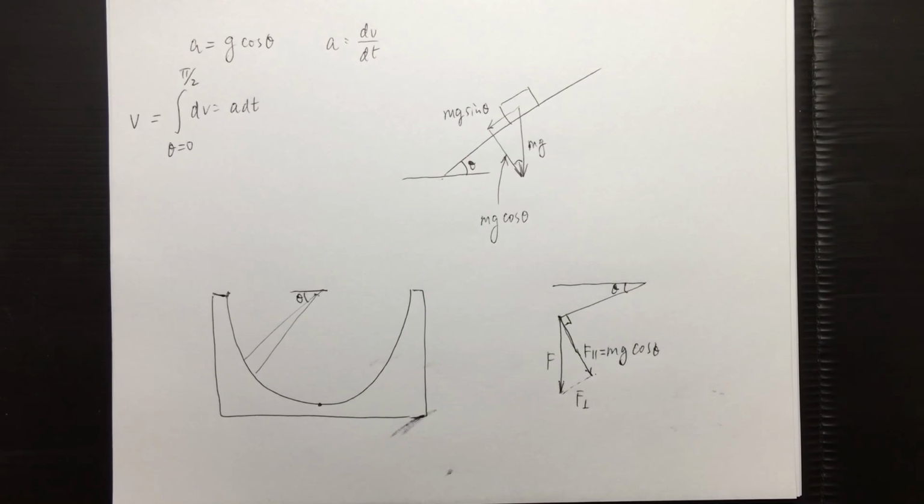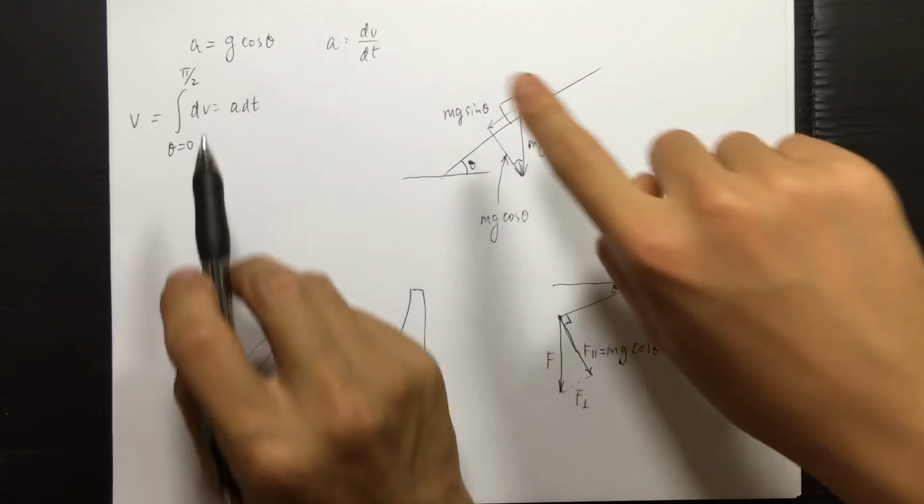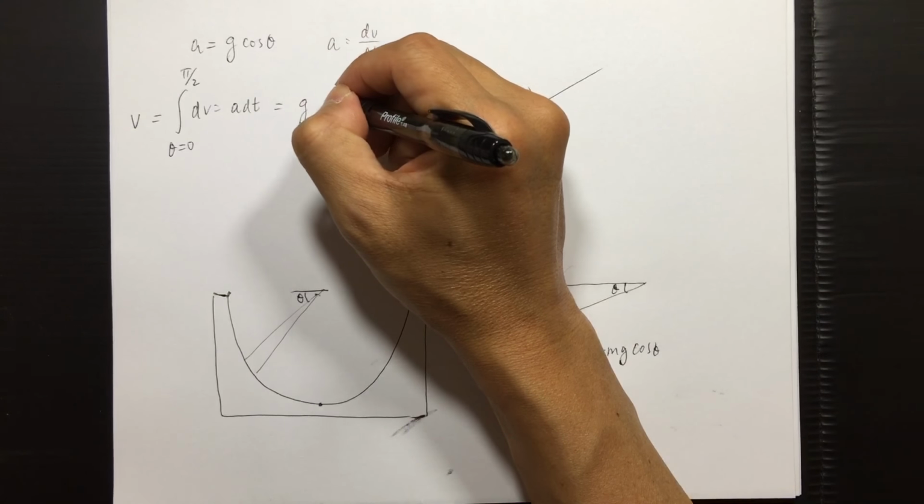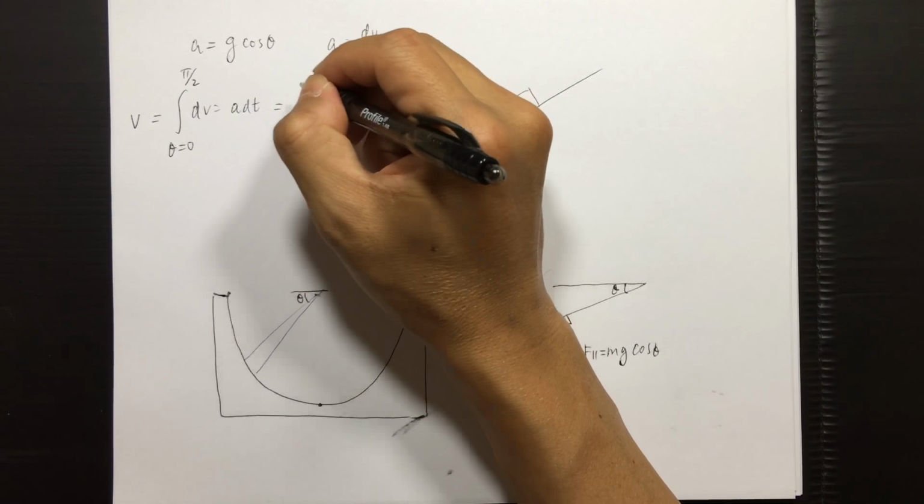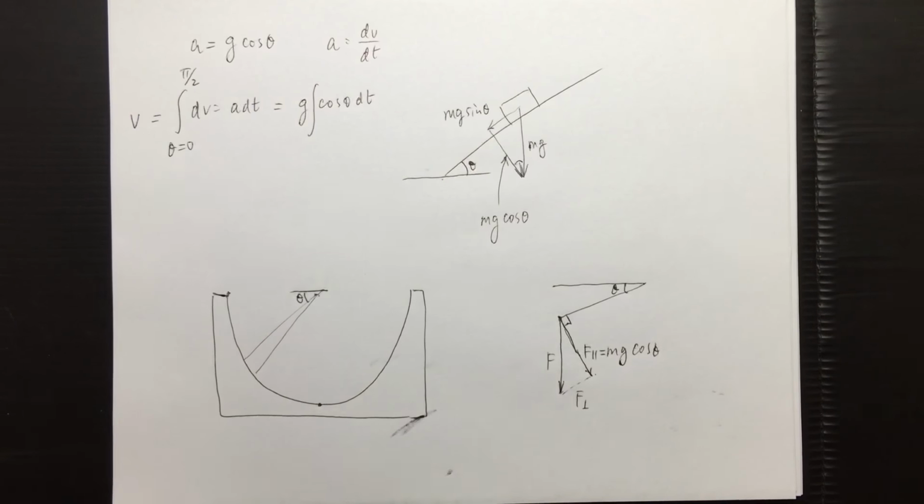Now, a we know is g cosine theta. We want to change dt into ds.